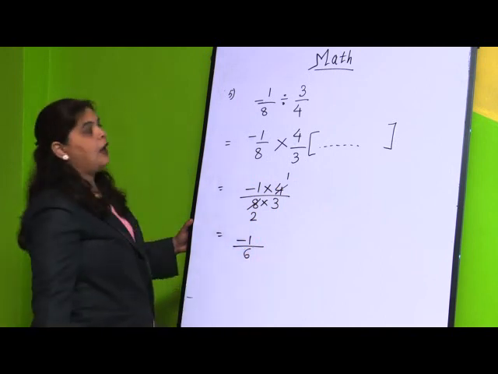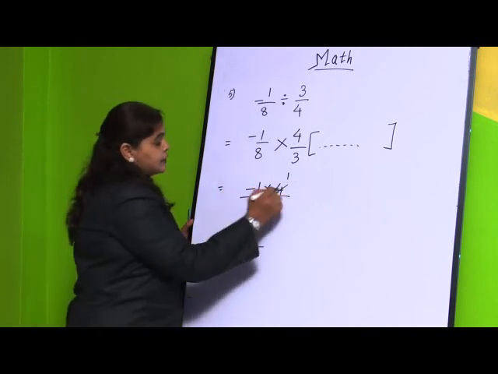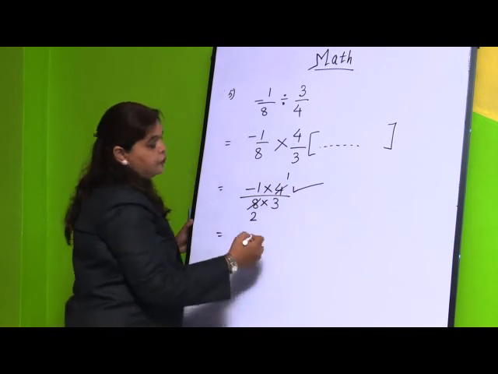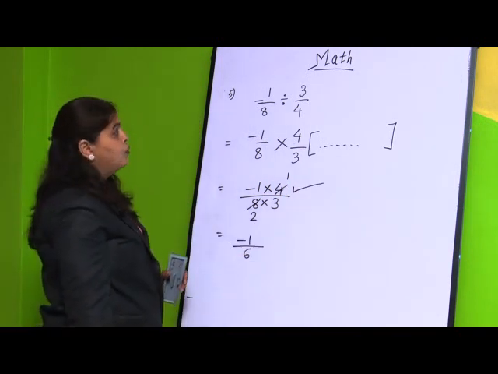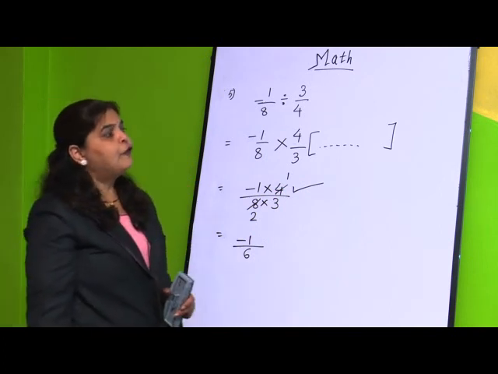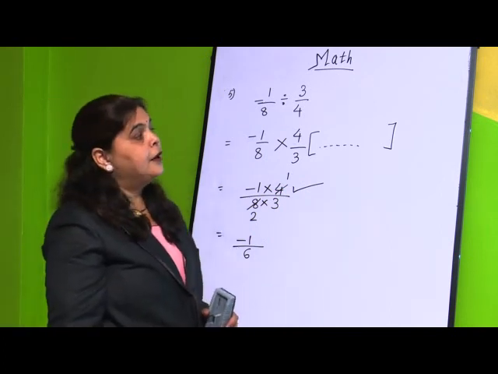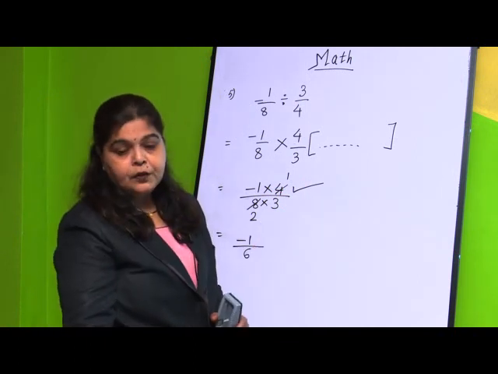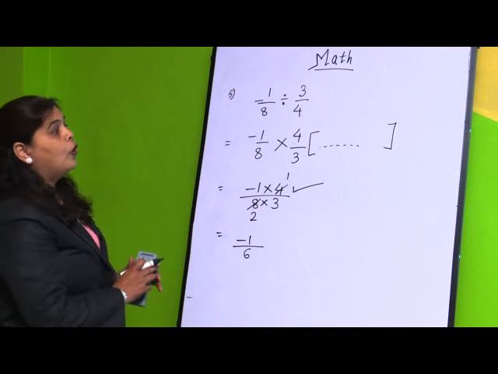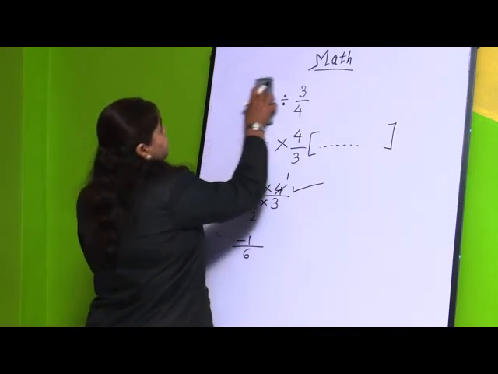So in this way we can follow these steps and find the simplest form of this. We have seen very different examples here and we have tried to solve them step by step. One or two more examples we will study.